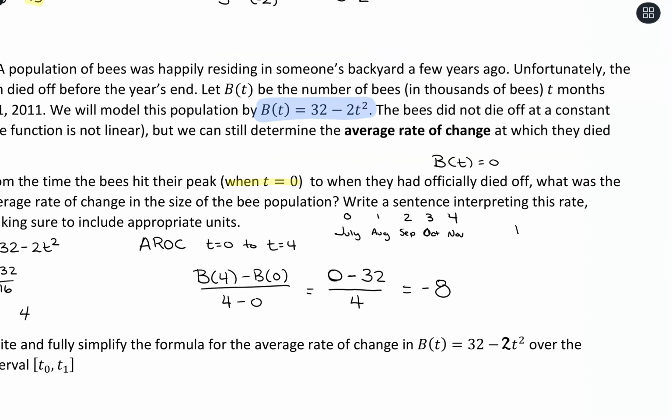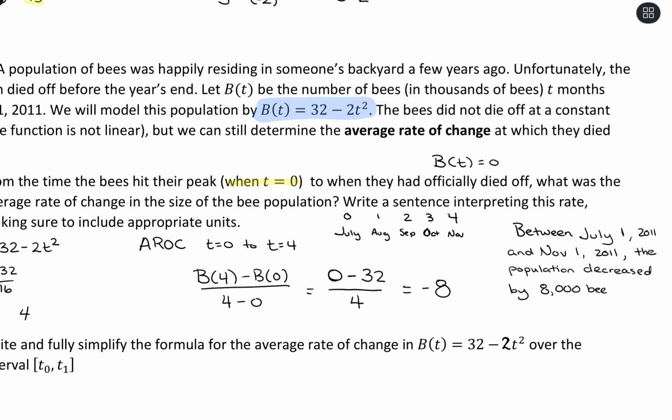So what we could say is between July and November, we could even say July 1, 2011 and November 1st, 2011, the population decreased by 8,000 bees per month, because that's our rate of change.